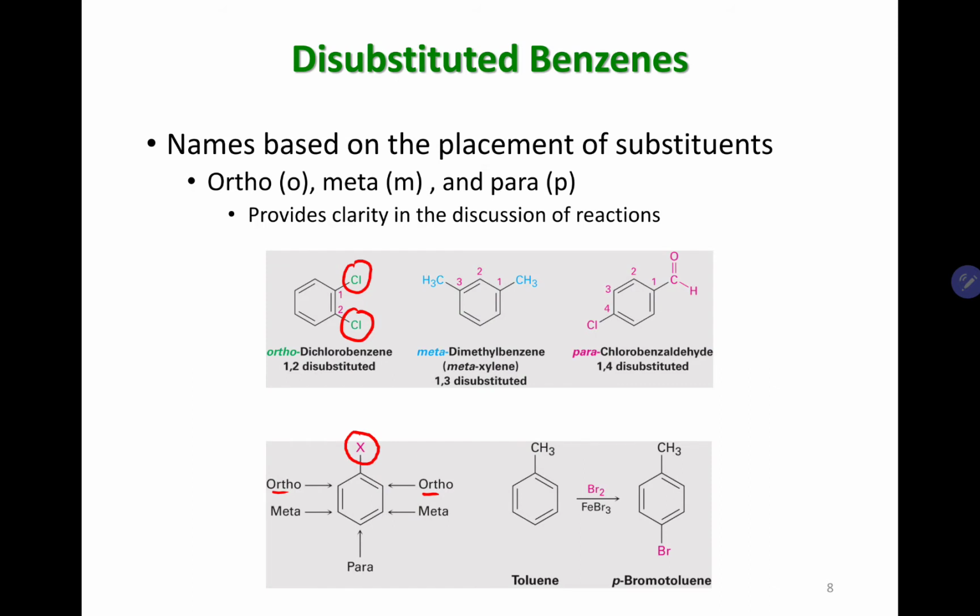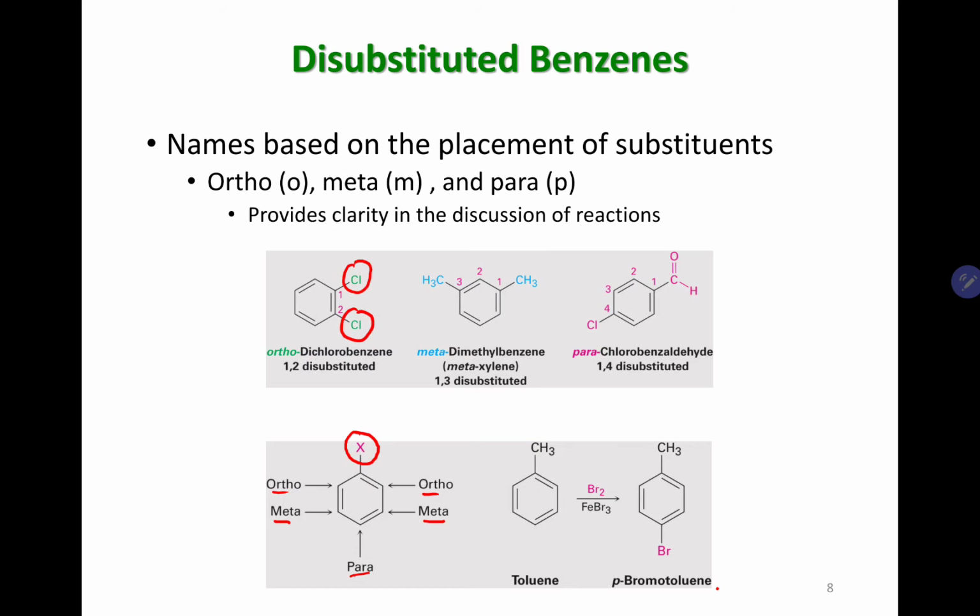If the next substitution is two carbons away, that location is known as meta. And then if the second substituent is directly opposite to the primary substituent, that location is known as para. This might be the first time that you are learning these names for benzene carbons with respect to a substituent.